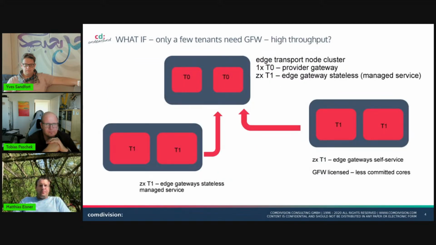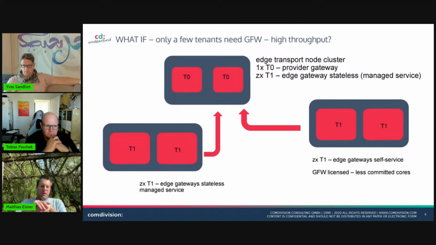What else? What if only a few tenants need the gateway firewall, but we need high throughput? So we can increase or scale up the edge transport node cluster hosting the T0. We could run edge gateways stateless over there.